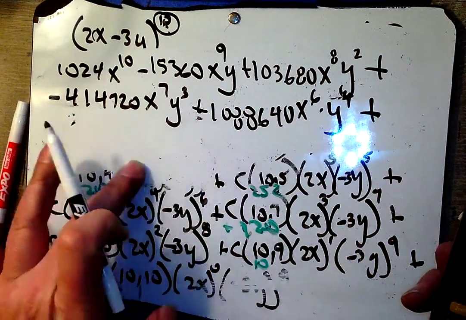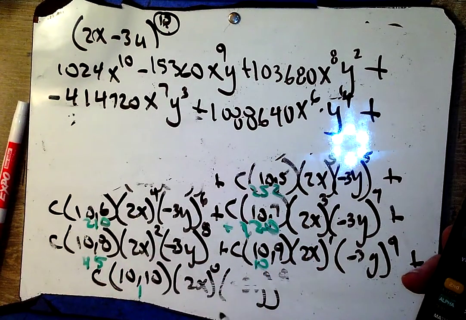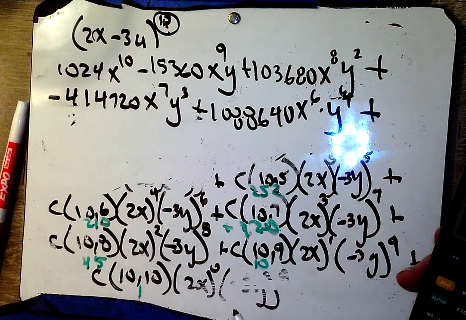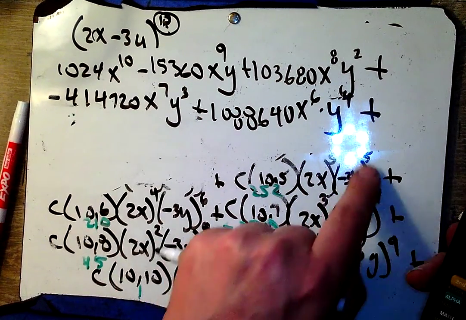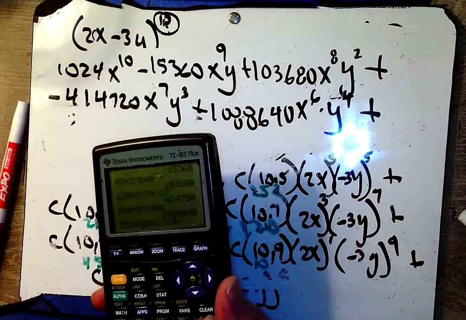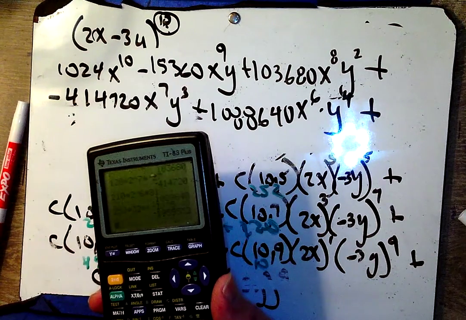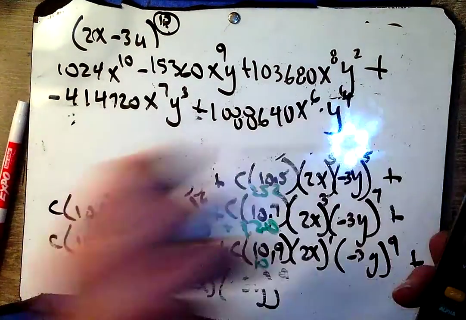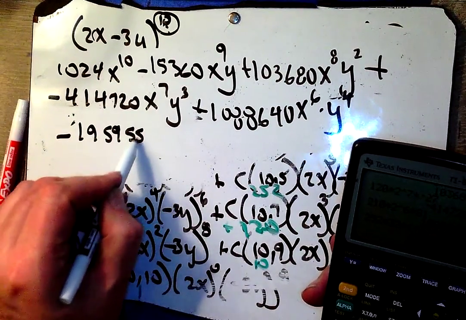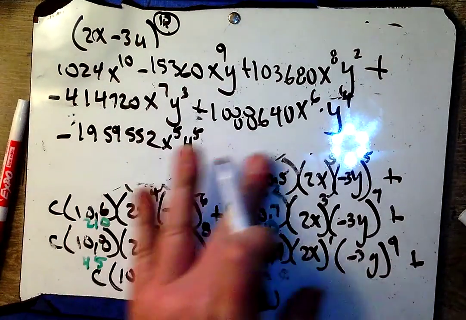Okay, that's that one. Now this one, 252 times 2 to the 5th, which is 32, times negative 3 to the 5th. I'm going to type that in, by the way, as negative 3 raised to the 5th power. I think it's negative 243. Okay, and so I get actually minus 1,959,552 x to the 5th, y to the 5th.